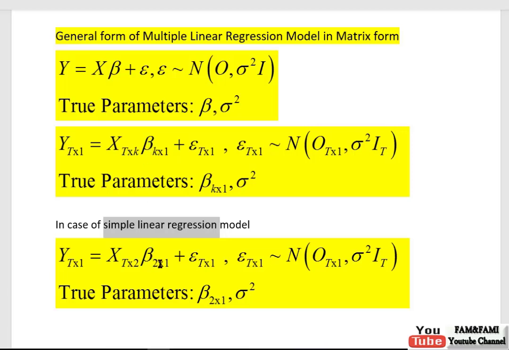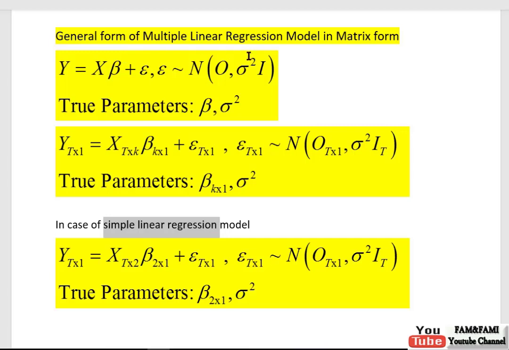So they will be 2 cross 1. And the true parameters are now this beta having 2 components, beta 1 and beta 2 only. So its order is 2 by 1, and sigma square the variance of the error term. So this is how you can write a linear regression model in matrix notation, the simple linear regression model and the multiple linear regression model.